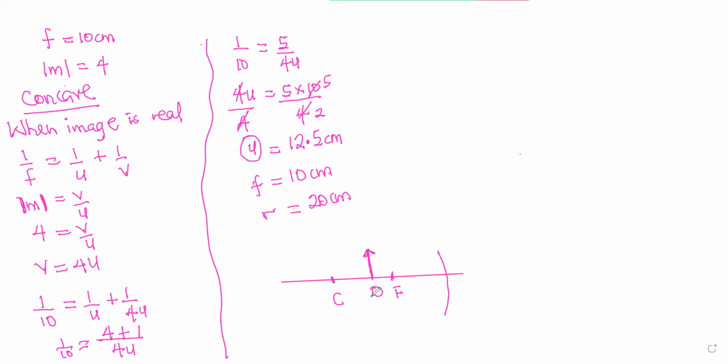So there's the object O. And if an object is located between C and F, what is the nature of image formed? Okay. The image will be real, magnified, inverted, and formed behind C. Now, let's consider when it is virtual, because we are considering both, because a concave mirror forms a virtual image which is magnified and a real image which is magnified.